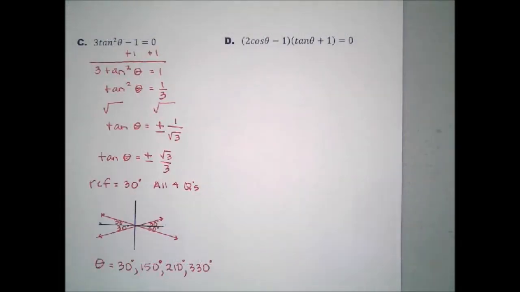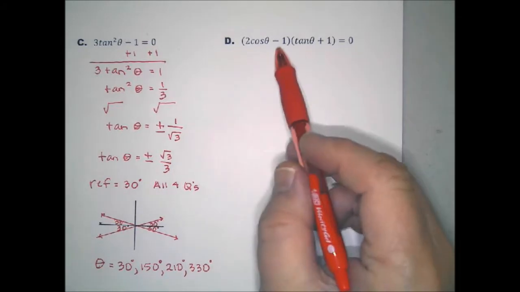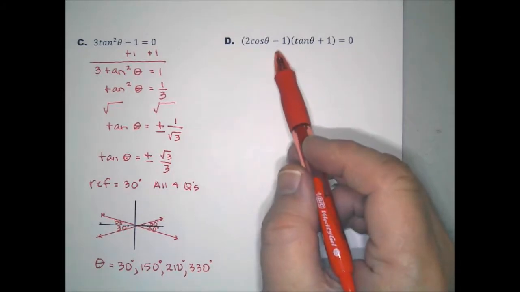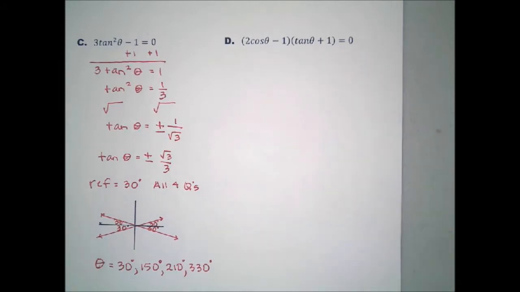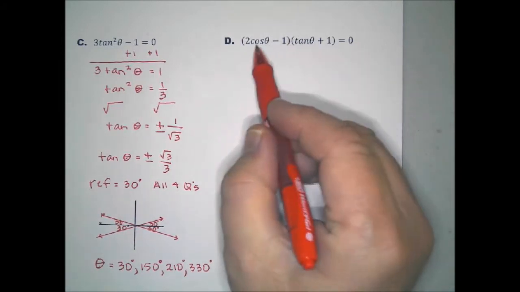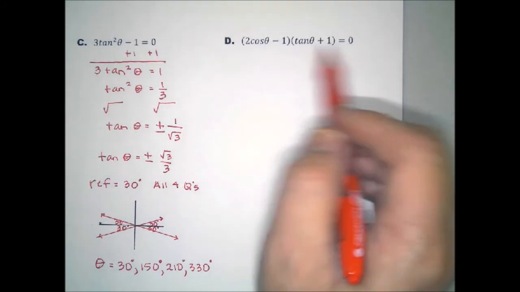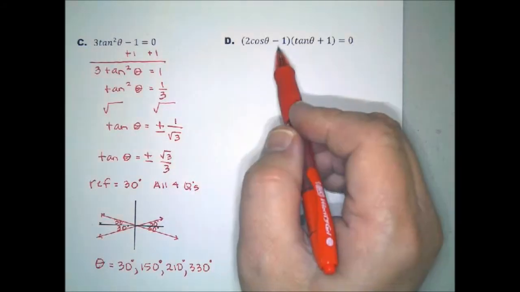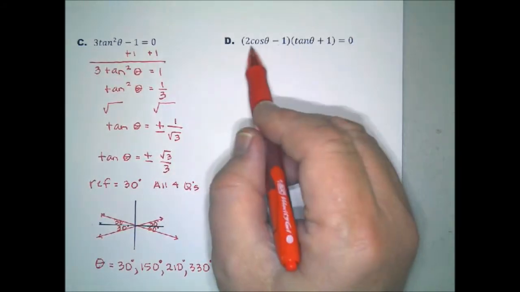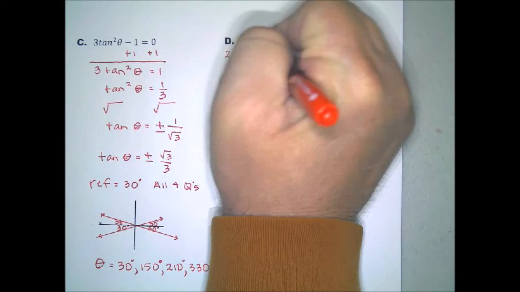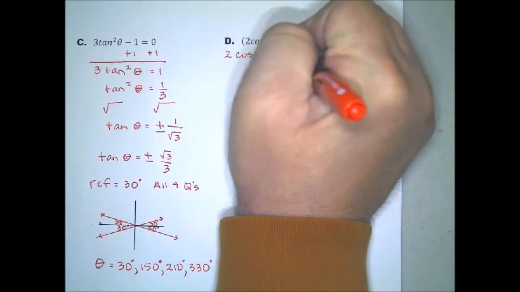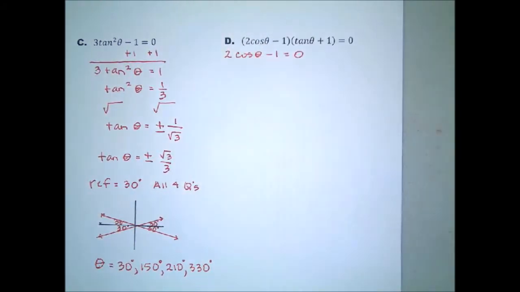Example D, as you can see by looking at it, has already been factored for us. So it's simply a matter of setting each individual factor equal to 0 and solving. So it's almost like a 2-part problem. We're going to work on the first part first: 2 cosine theta minus 1 equals 0.